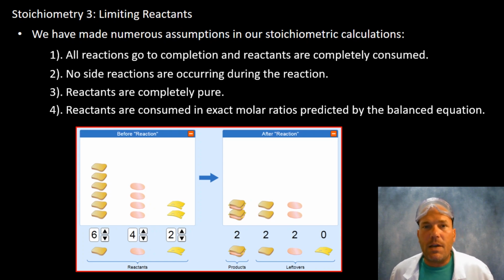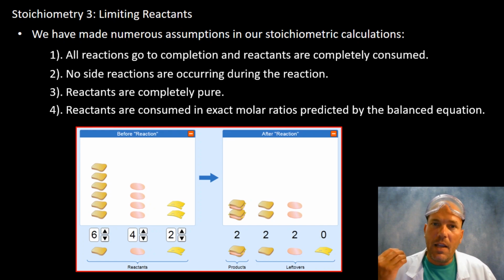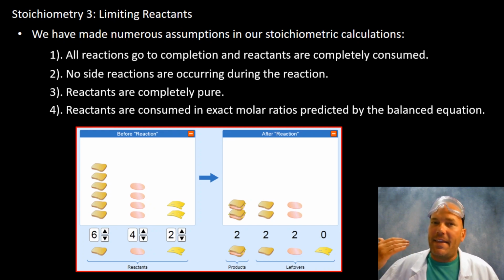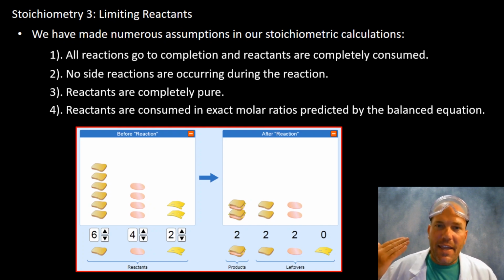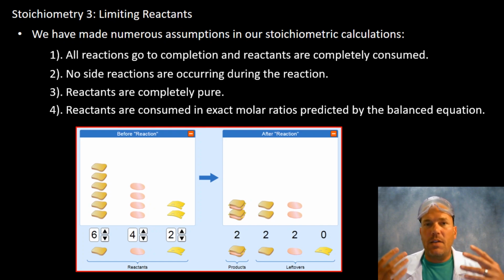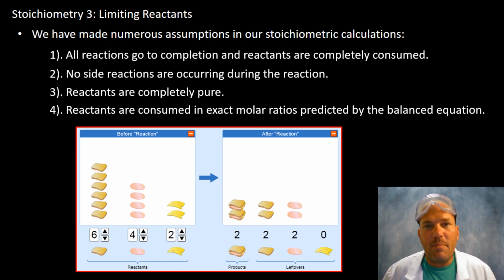So I make my first sandwich, I make my second sandwich, and I go to make my third, but I cannot. The reason for this is I am limited. I've run out of cheese. I cannot make more sandwiches. I am done. I can only make 2 because cheese is the limiting reactant in this example.